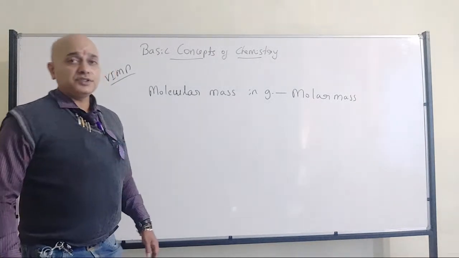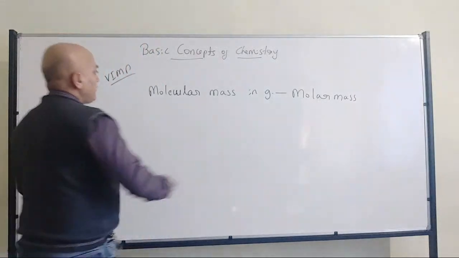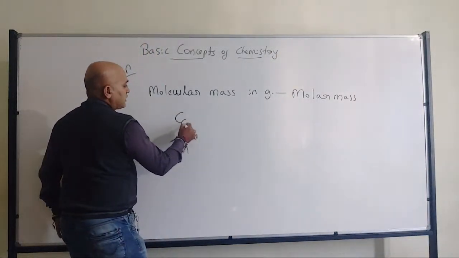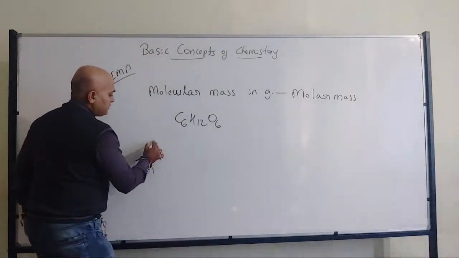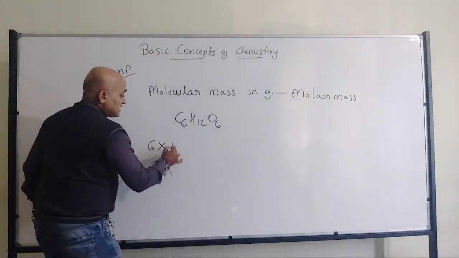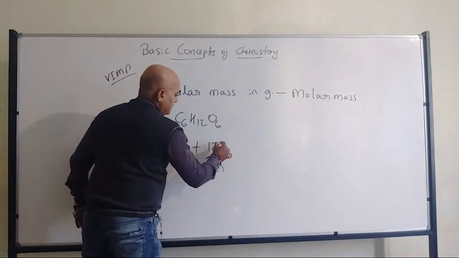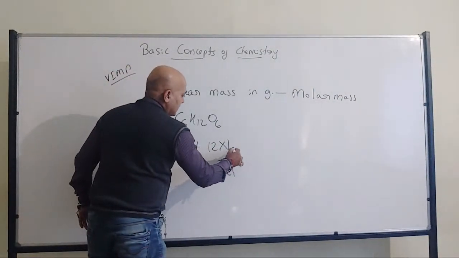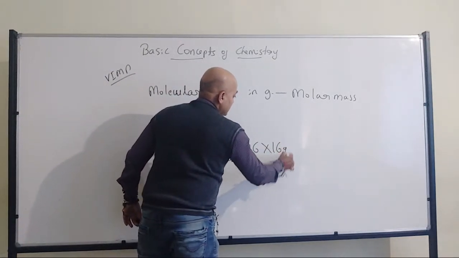Now in the same way you should calculate, but the only thing here is, for example, if I go with glucose, C6H12O6, I will write it as 6 into 12 gram plus 12 into 1 gram plus 6 into 16 gram.